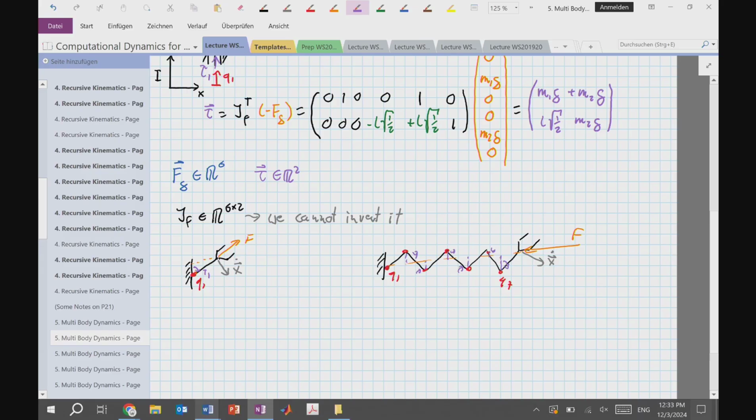In this direction, the problem is well defined. Going from F to tau, I can figure it out. What about the other way, right? Someone gives you 7 taus and asks you what is the force F that balances that tau.